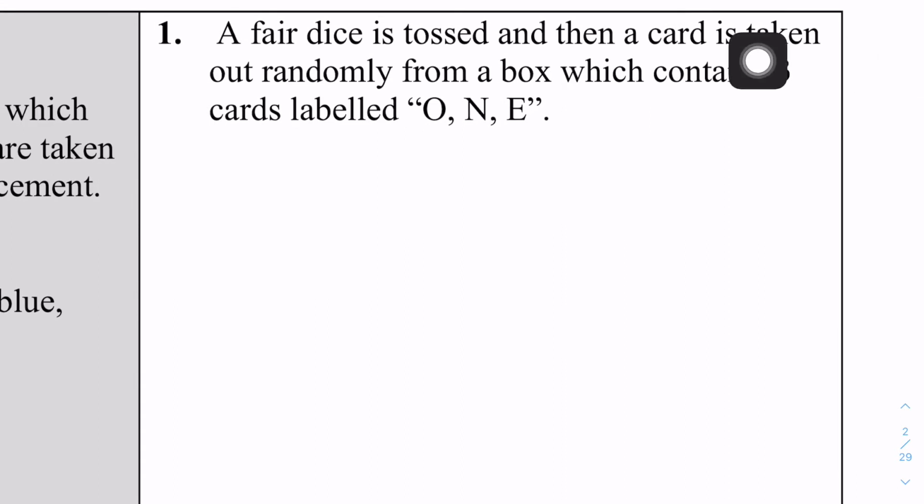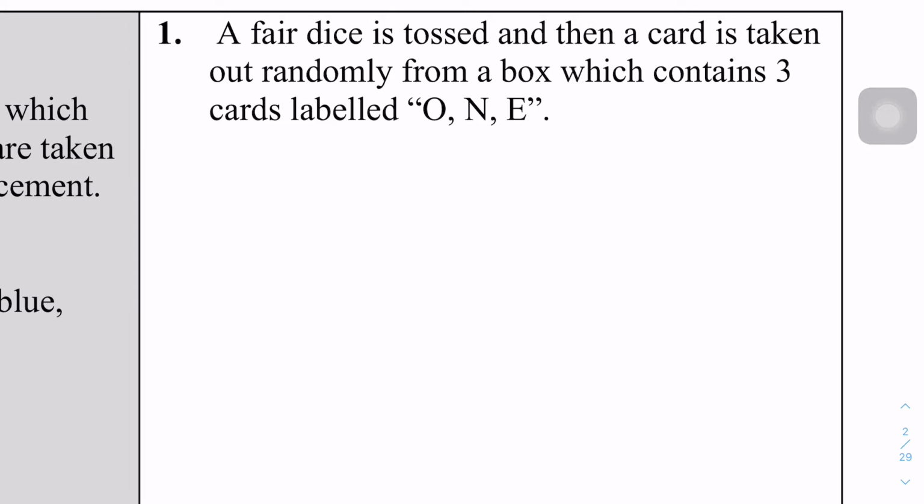A fair dice is tossed, then a card is taken out randomly from a box which contains 3 cards labeled N, O and E. The first thing is a fair dice is tossed, and then a card is taken out randomly from the box. For this one, I'm going to use a grid.